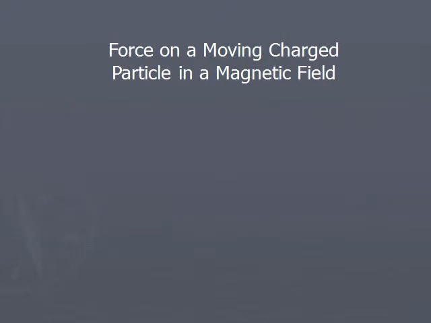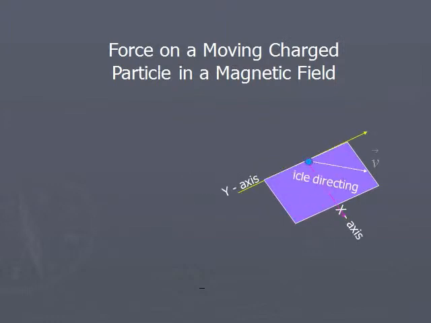For a physical concept of the force acting on a charged particle by a magnetic field, let us consider the direction of the magnetic field is the y-axis and the plane of the screen is the xy plane. X-axis and y-axis are lying in the plane.